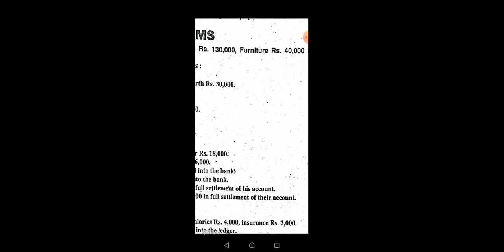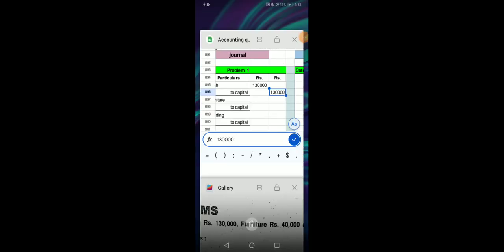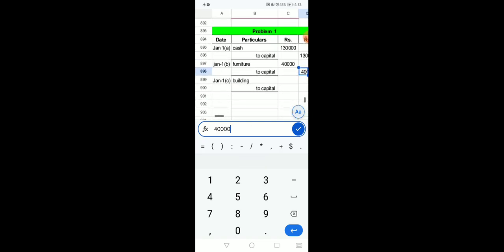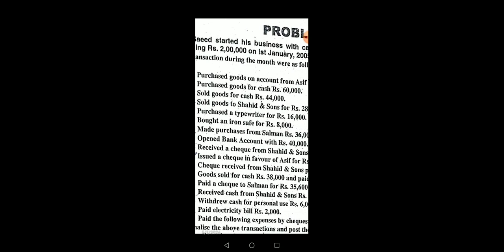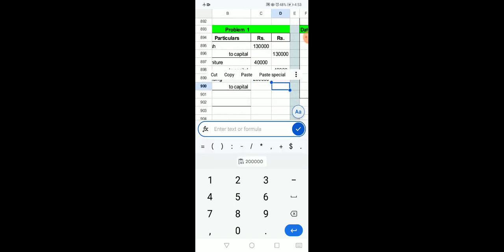Now next was furniture, which is provided by the proprietor. 40,000 was the amount, so put 40,000 on the debit side, and the same amount you are supposed to write on the credit side. Then we have our third investment by the proprietor, which is 2 lakh rupees. So 2 lakh would be written on the debit side, and the same amount would be posted on the credit side as well.